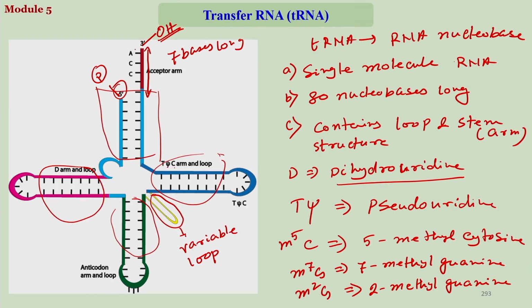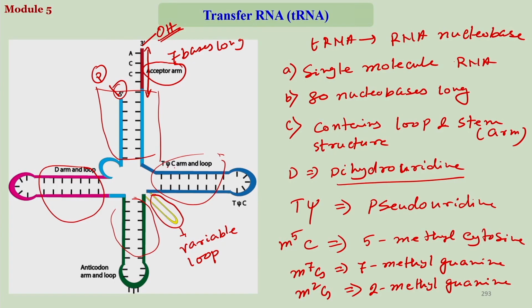This arm, without the double helical part, of course, is a single stranded arm known as the acceptor arm. Acceptor because it accepts the amino acids, and ACC is a recognition site.